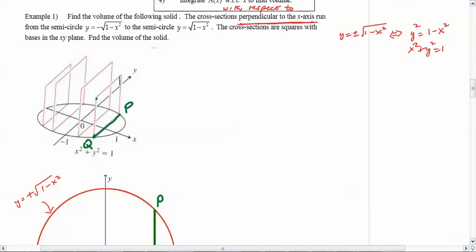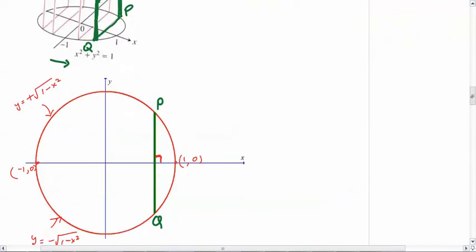I'm only going to take one of my cross sections, and you can see it's a square that has thickness, and the thickness is in the x direction. It's going to be delta x, because x goes this way, and so the thickness of my cross section is delta x.